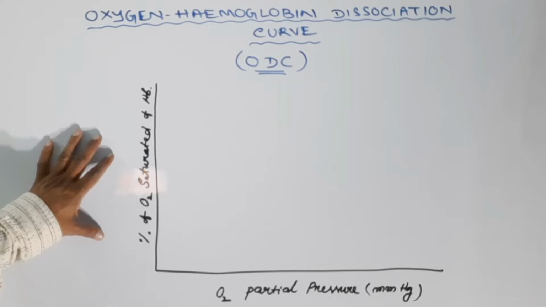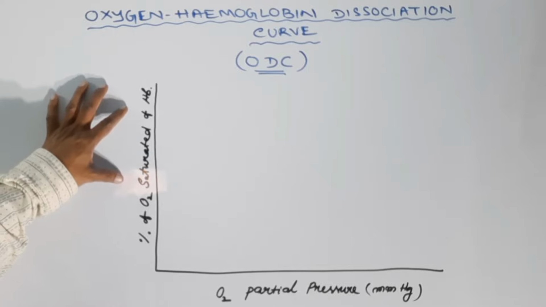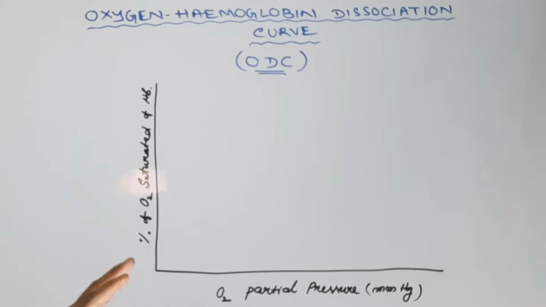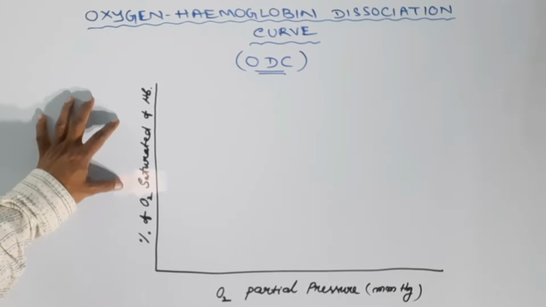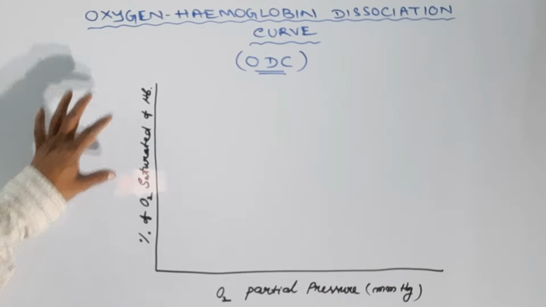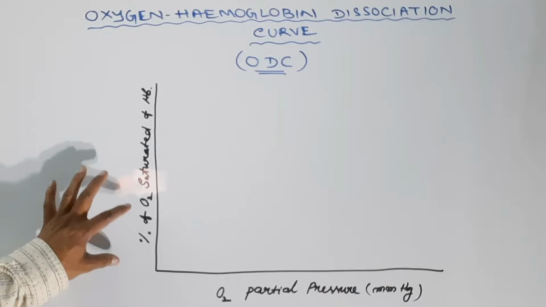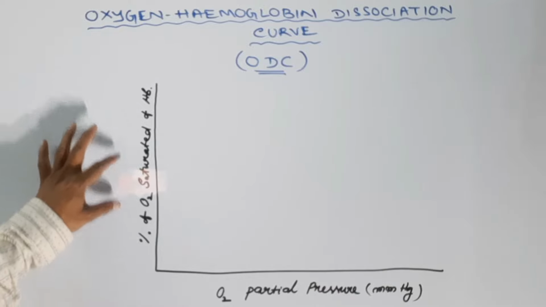So what is the meaning of saturated hemoglobin? If almost all hemoglobin is bound with oxygen, then it is known as saturated hemoglobin. What is the meaning of percentage of saturated hemoglobin?